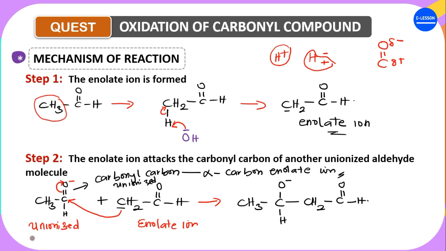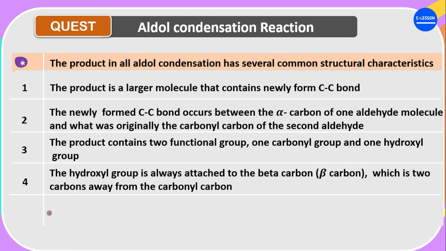Now let's look at the next point. The newly formed carbon to carbon bond occurs between the alpha carbon of one aldehyde molecule and what was originally the carbonyl carbon of the second aldehyde. I've explained this before. The product contains two functional groups, one carbonyl and one hydroxy group.